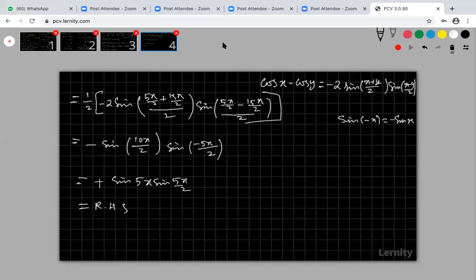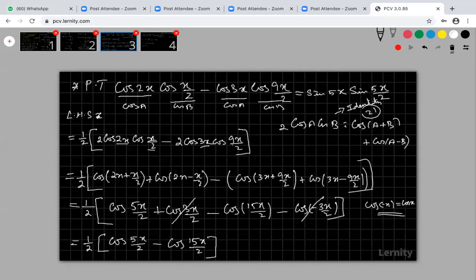What is the problem, Kanna? I'm just applying it in the third slide, LHS first step. Look at the first step LHS. I'm just applying the 2 cos A cos B formula for both the terms. This is the formula. In place of A and B, you substitute the values.